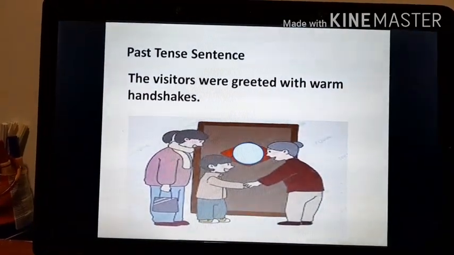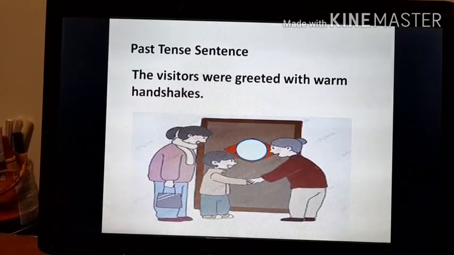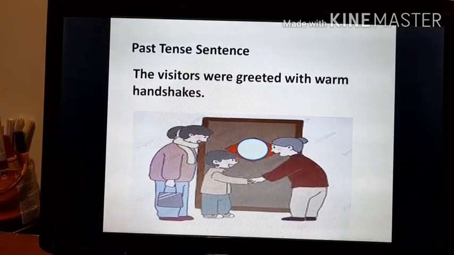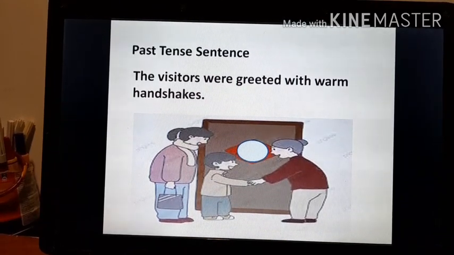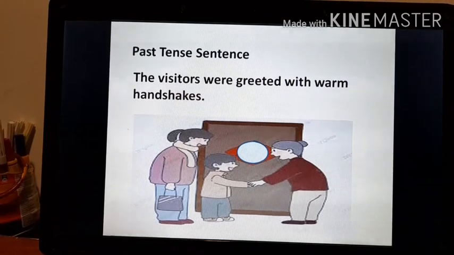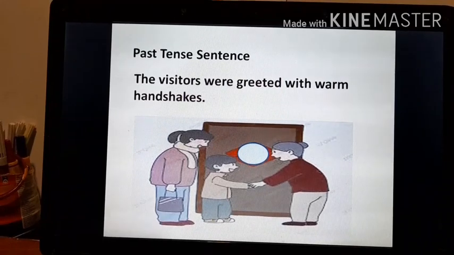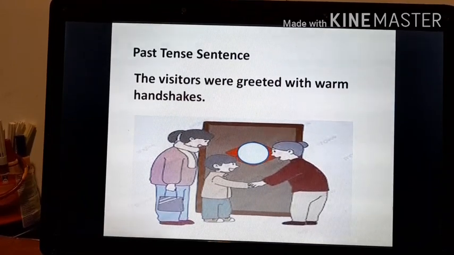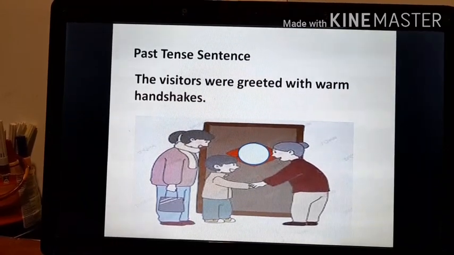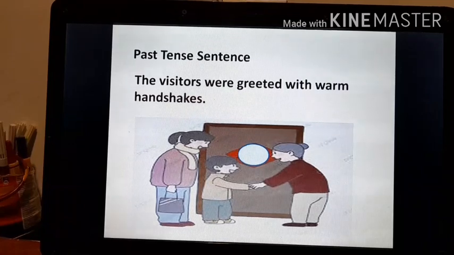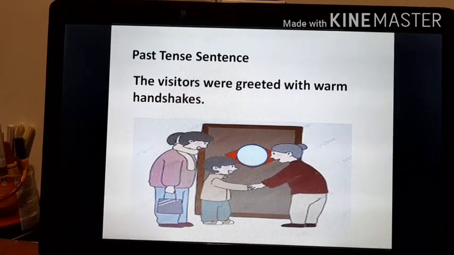Now let's see the past tense sentence of the word visitors. The visitors were greeted with the warm handshake. As you can see, a woman is shaking hands with a boy, welcoming him. When you frame the sentence in the past tense, you will use the verb greet as greeted.